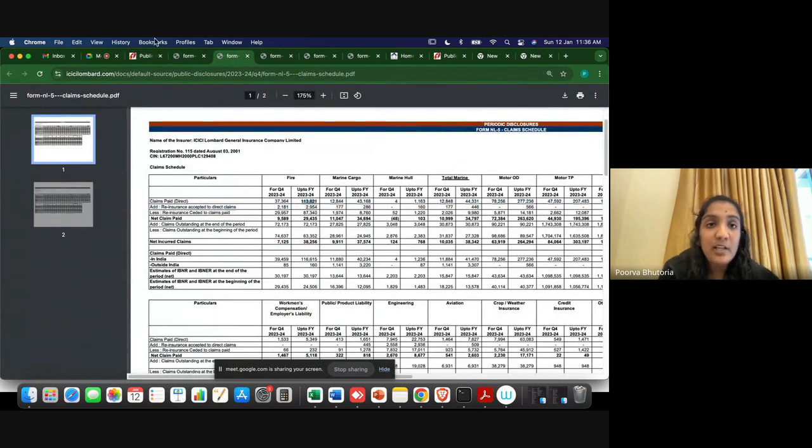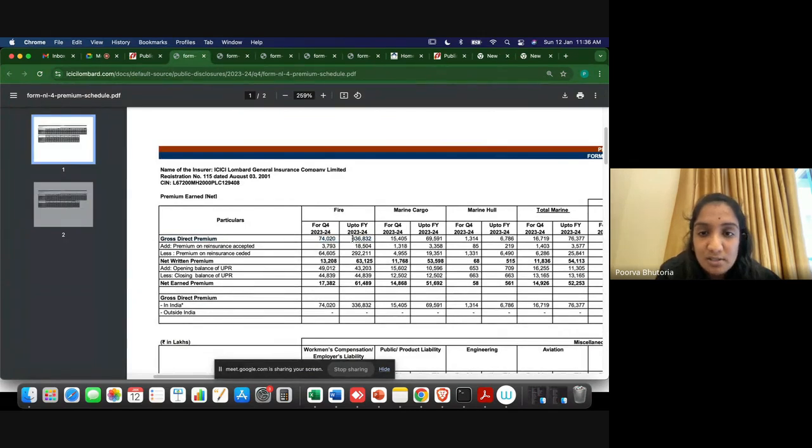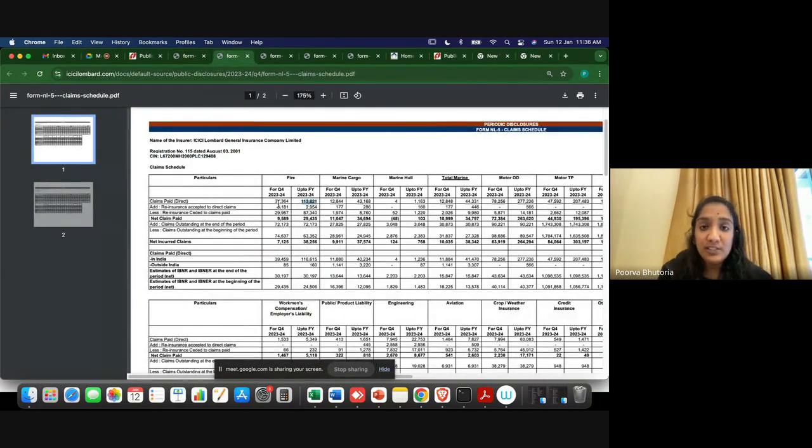Not necessarily only for the insureds that are covered under this. In the past also, if I've written any direct policy for fire line of business and during this financial year, I've paid a claim, all of this will come here. So claims paid, simple, for direct business.